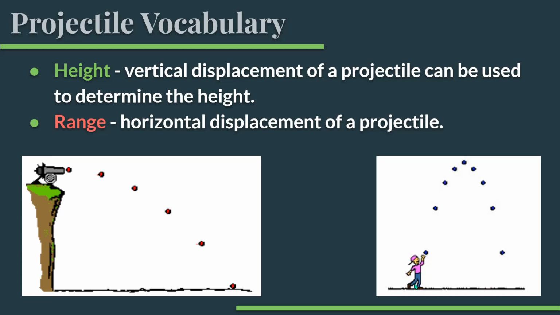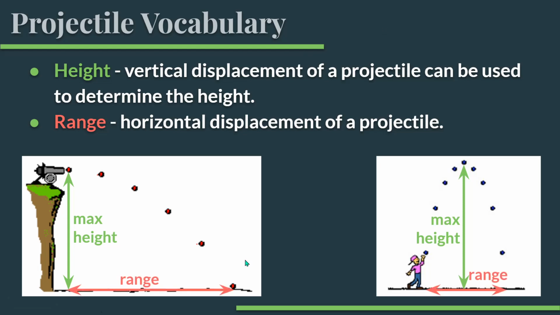In the case of something launched upward at an angle, you'd have to find your height, but it would be the maximum displacement at the max height to the ground. Max height, y'all should be able to figure that out pretty easily. And then your range would be from where it was launched to where it lands in either case.